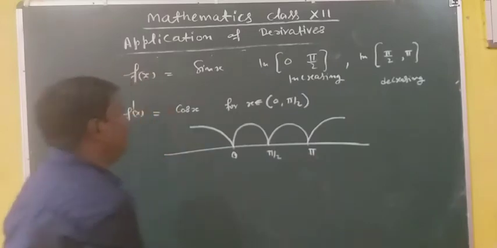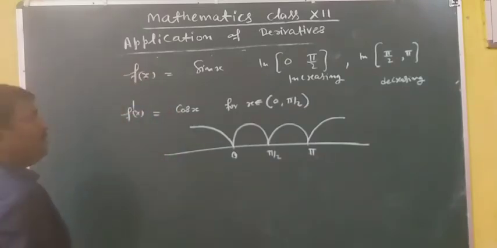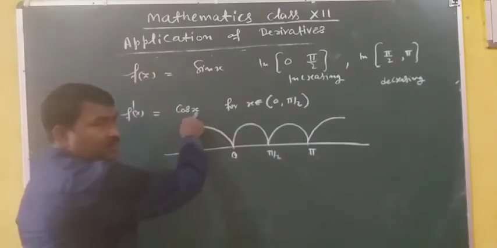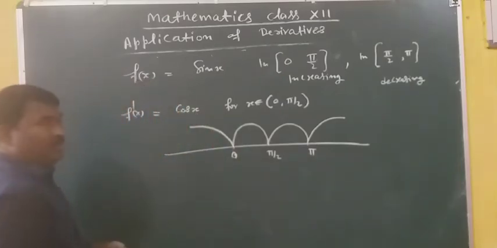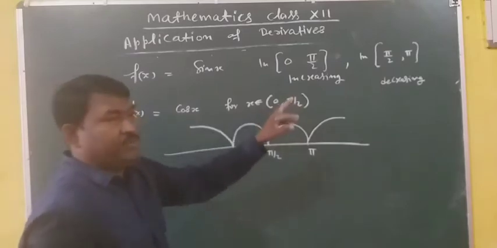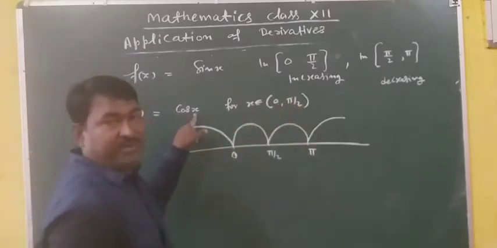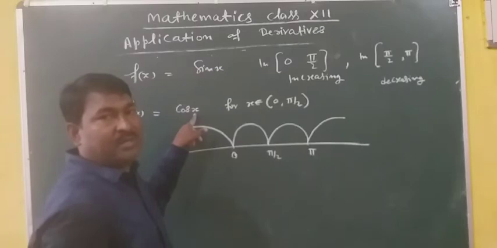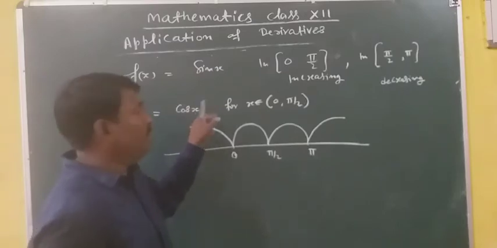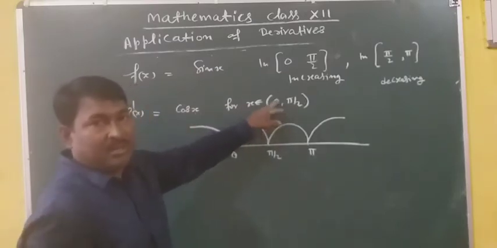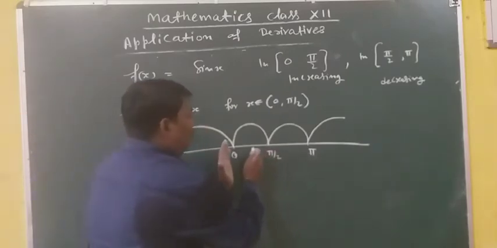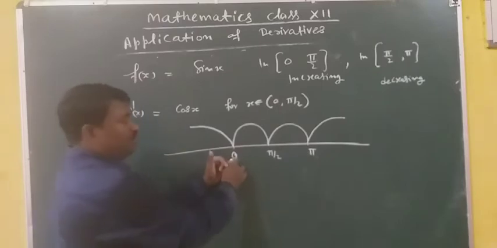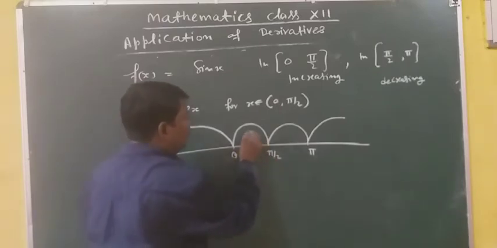Cos 30 degree is root 3 by 2, positive. Suppose 45 degree, cos 45 degree is 1 by root 2, also positive. 60 degree, cos 60 is 1 by 2. So for all values more than 0 degree and less than 90 degree, cos x is positive.